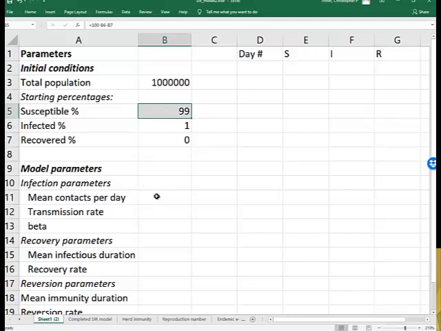Now I need my mean contacts per day, which is 10. Okay. My transmission rate, I'll say my transmission rate is 0.06. This is a number for COVID. And then my beta is going to be the product of this number times this number divided by the total population.